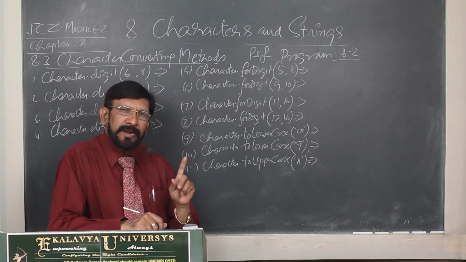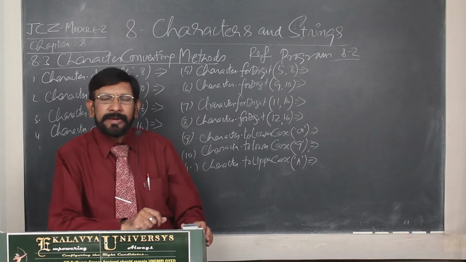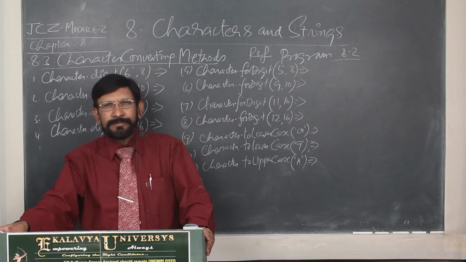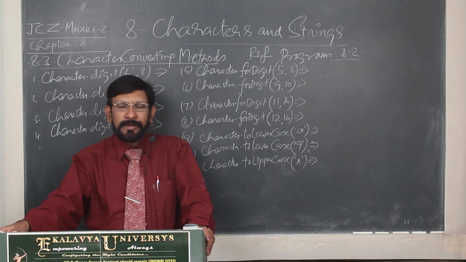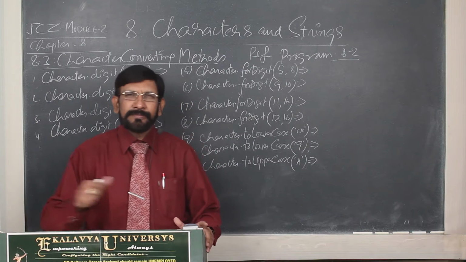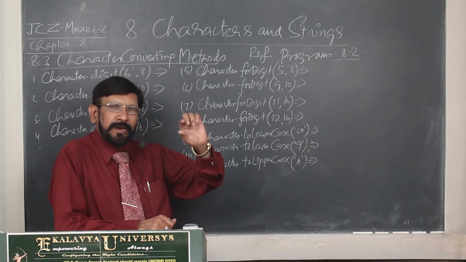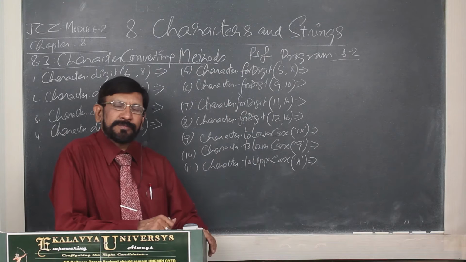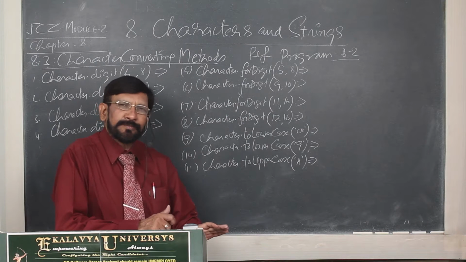Decimal, the radix is 10, and hexadecimal, the radix is 16. You must know that. What is radix? Radix is also known as base. How many digits are being used in a number system is its radix or base.